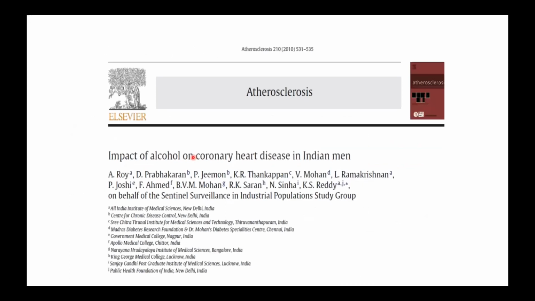And this study was a sentinel surveillance study, done in an industrial population, and in Lucknow it was conducted at HAL. There were several other sites also.